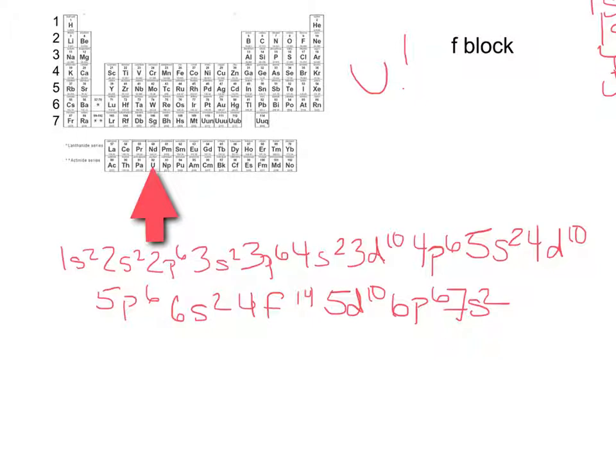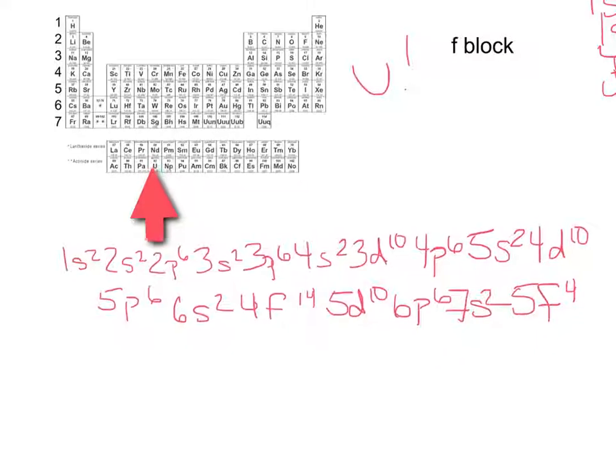And then uranium is not stopping here at Ac, so it's not going to be a D1, so I'm going to keep going into my Fs. And I need to count over 1, 2, 3, 4. And in F block, I have to subtract 2 from my energy level, so it's not 7, it's 5f4, because I have to count over 4 to get to uranium.